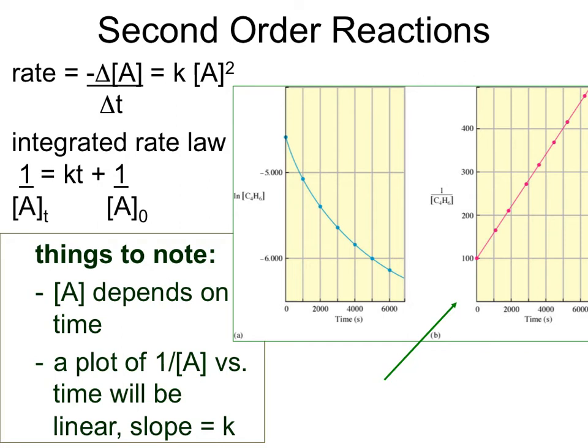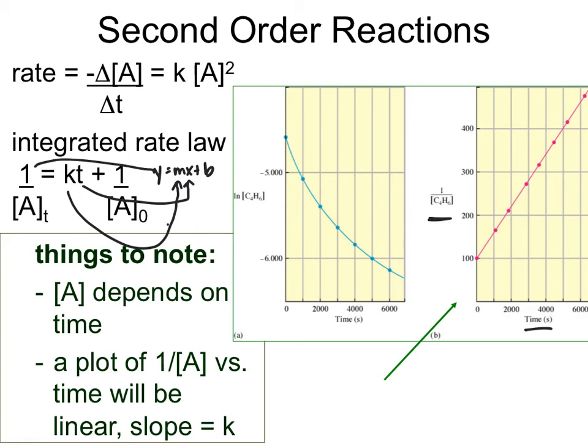So again, we're going to utilize the y equals mx plus b approach. Our y is going to correspond to this portion of our equation, while of course our slope is going to correspond to the m and our time is going to correspond to the x. So in this case, if we have a second order reaction, we are going to be getting a straight line from the graphing of 1 over our concentration versus time.